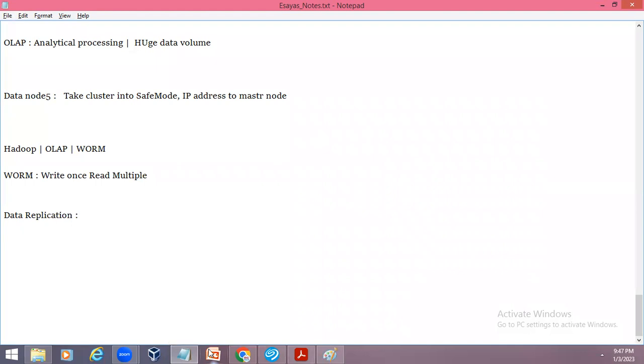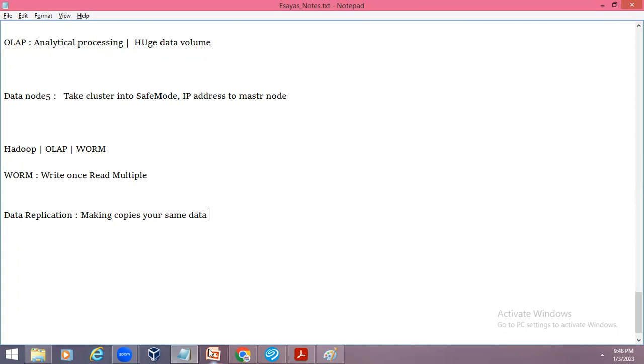You put it in different places. Right, the same data we are keeping at different places. So data replication is nothing but making copies of your same data. That's called data replication.